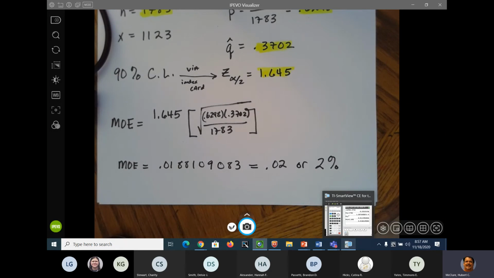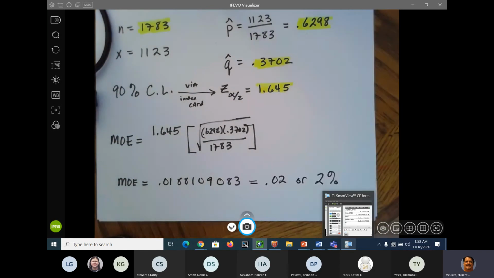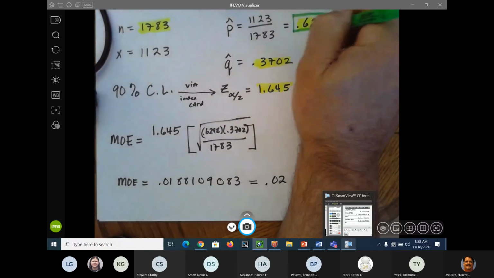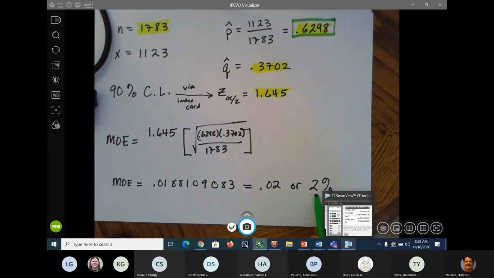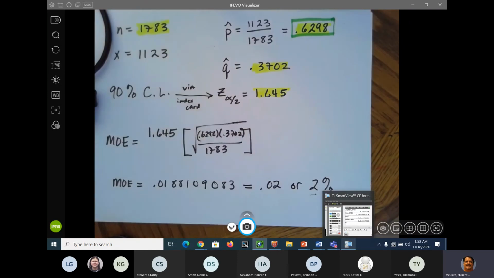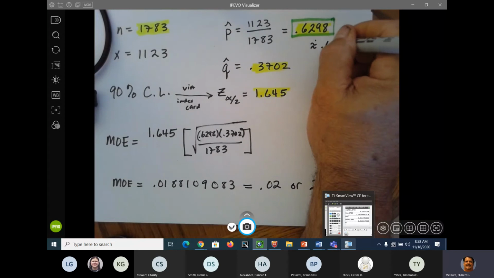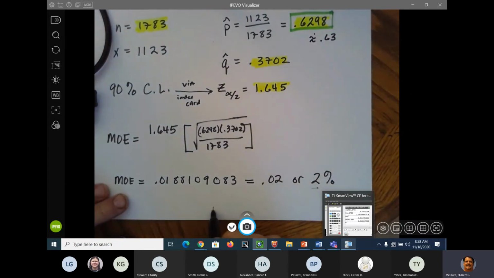Okay. Now, how do you set up your confidence interval? Well, remember I told you it's like the standard deviation. This guy right here is what you're going to use. That's kind of like your mean, and this is your standard deviation. Okay, so I'm going to round this to 0.63 because I'm not going to add all those decimals. So P is in the middle.